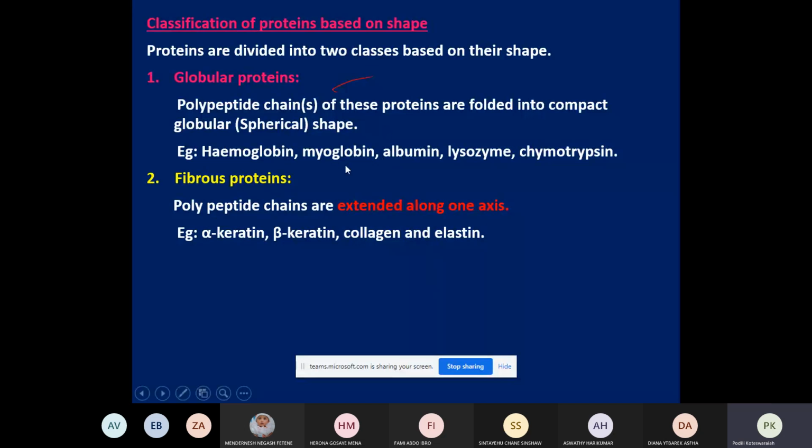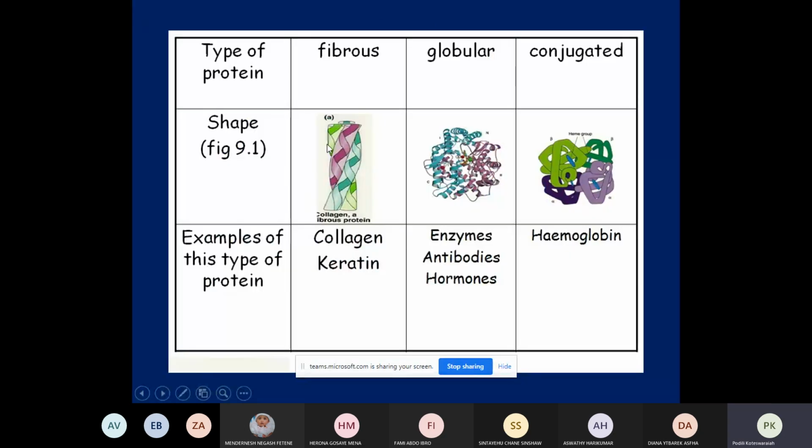Usually, these globular proteins function as enzymes, hormones, transport proteins, and so on. For example, you can see here hemoglobin, myoglobin, albumin, lysozyme, chymotrypsin. All these are globular proteins.